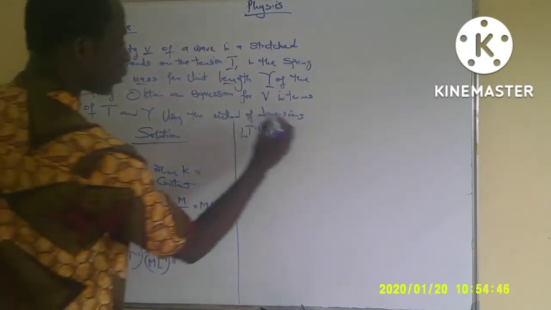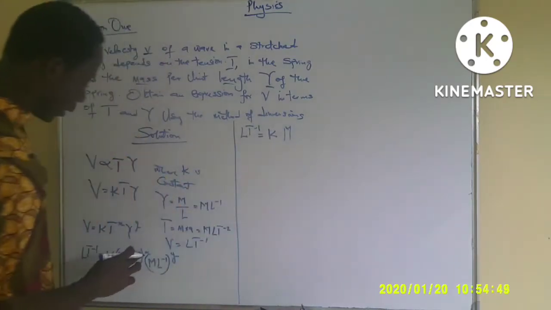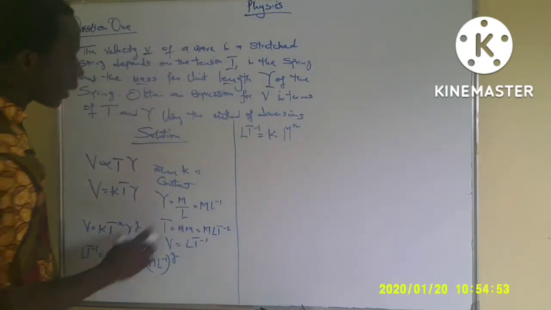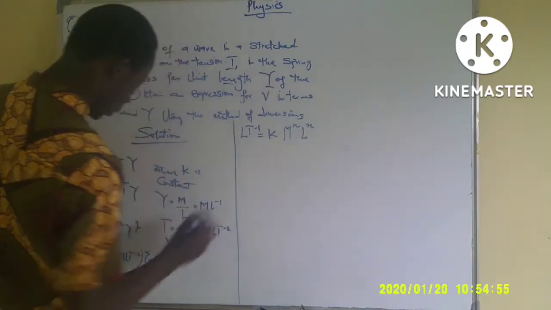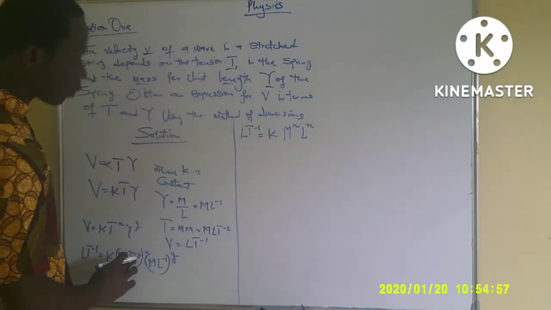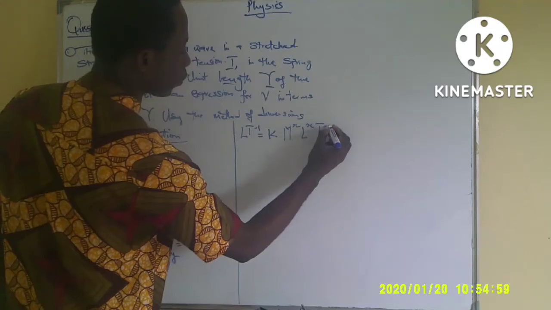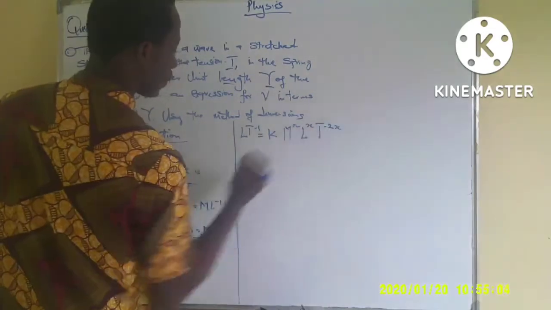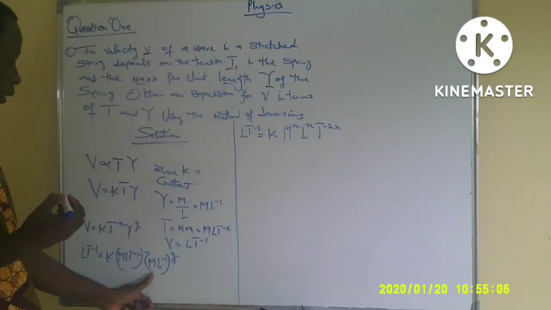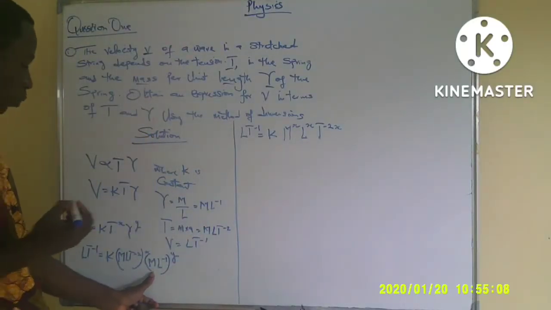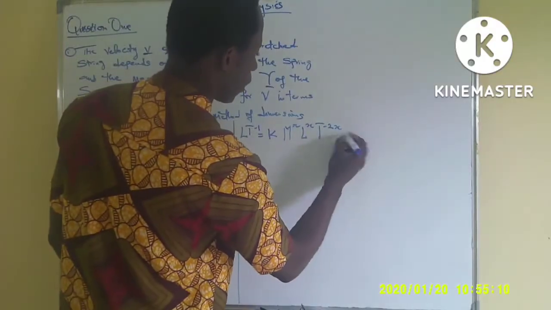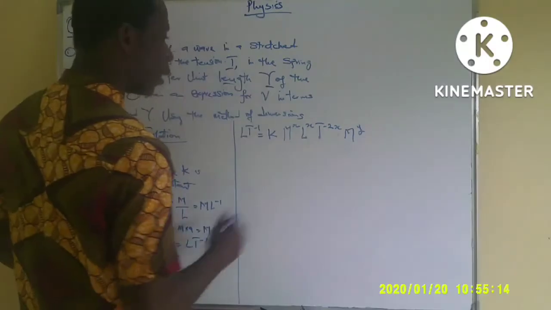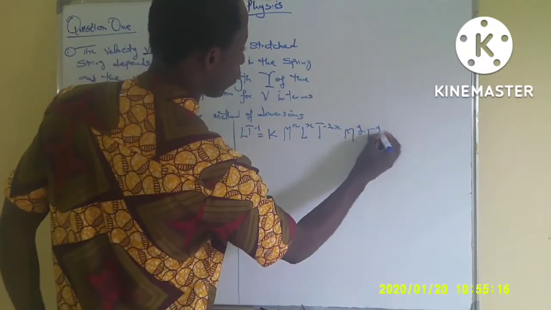You have M raised to x, then L raised to x, then T minus 2 raised to x, which gives T to the minus 2x. And we also open this one: M raised to y, then L raised to minus y.